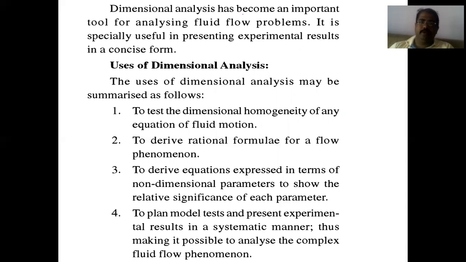Okay, so the uses of dimensional analysis are to test the dimensional homogeneity of any equation of fluid motion, to derive a rational formula for a flow phenomenon, to derive equations expressed in terms of non-dimensional parameters to show the relative significance of each parameter, and to plan model tests and present experimental results in a systematic manner, thus making it possible to analyze complex fluid phenomena.